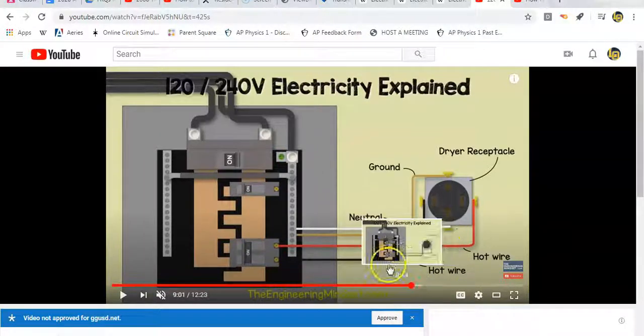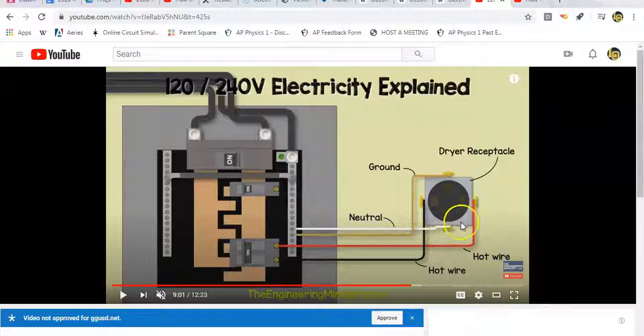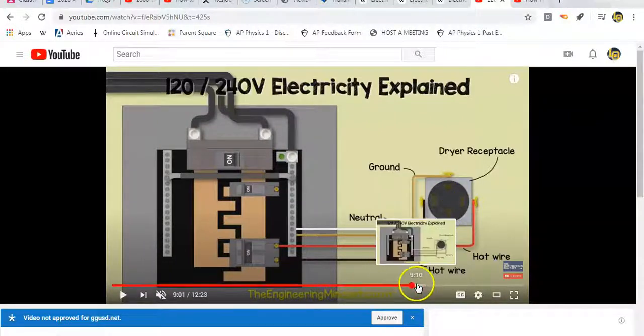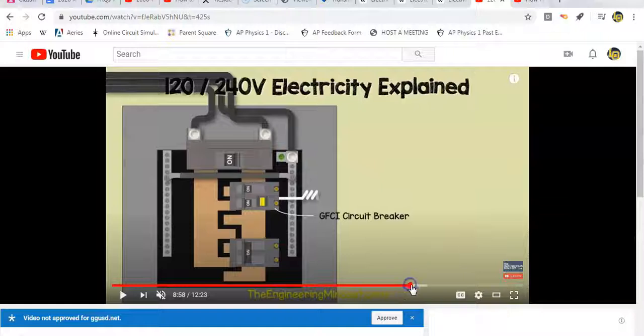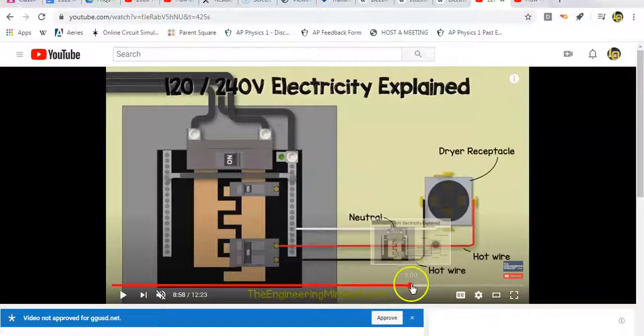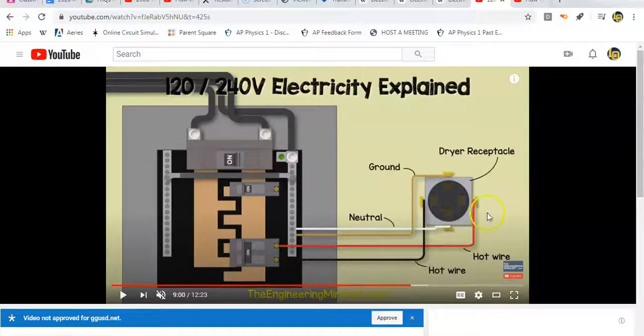This looks kind of like what I had for my dryer, a little bit different. But what they're showing here is, if you were to connect from hot wire to hot wire, this red and black coming out here, from there to there is 240 volts.